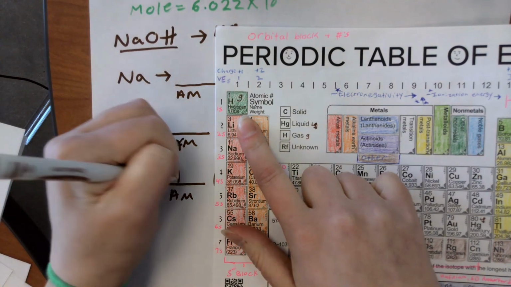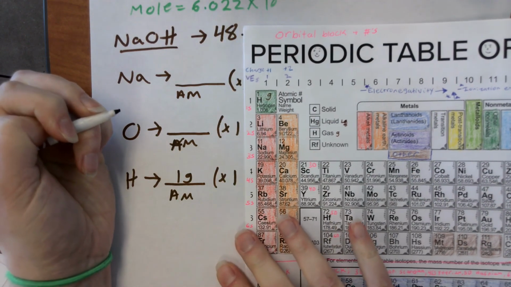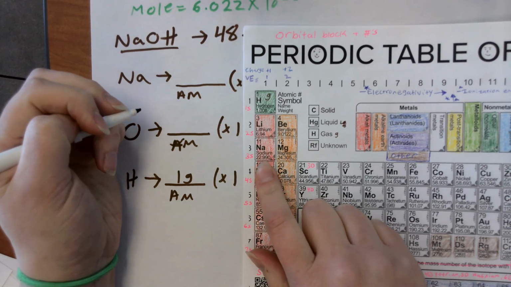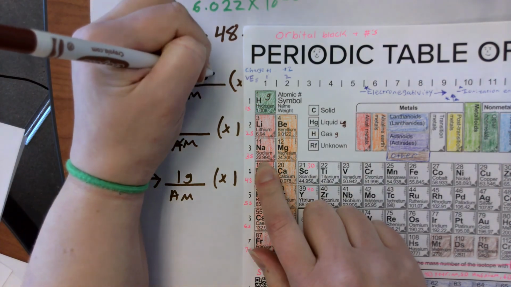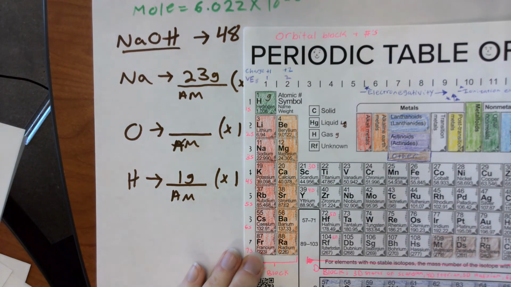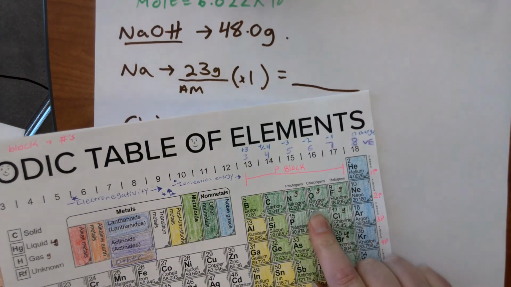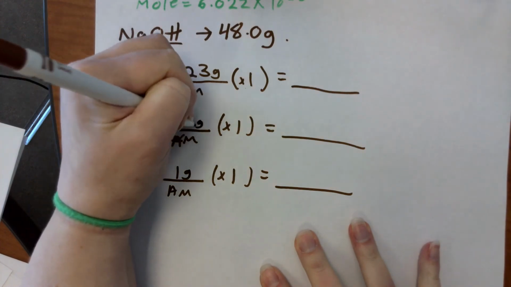Hydrogen is 1 gram per mole. Oxygen, sorry, let's go to sodium since we're here already. Sodium, we're going to go to 23 grams per mole. And then oxygen is 16 grams per mole.